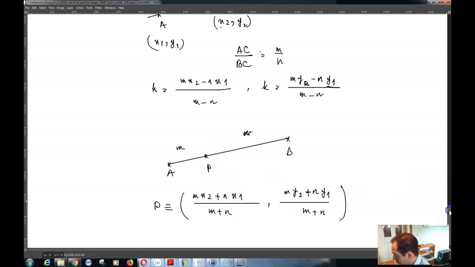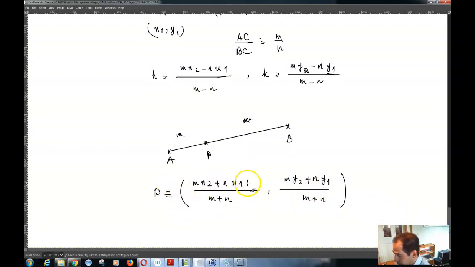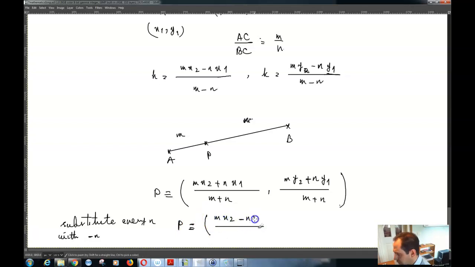Now in this formula, what is interesting is that if I take every n and substitute it with negative n, if you go inside this formula and substitute every n with negative n, what you will get is that the coordinates of P are mx2 minus nx1 over m minus n, and the y coordinate would be my2 minus ny1 over m minus n.